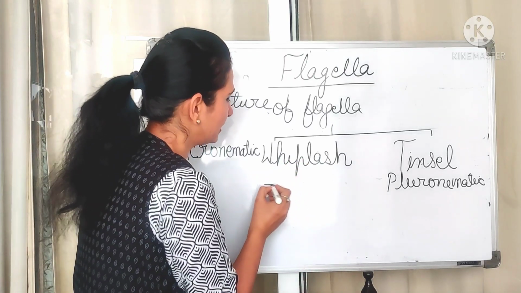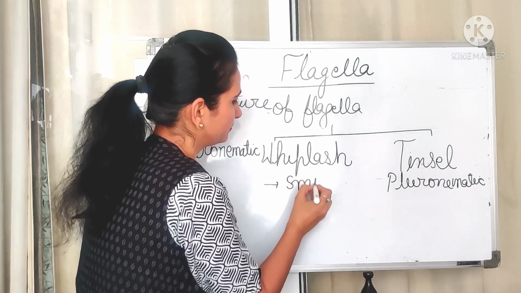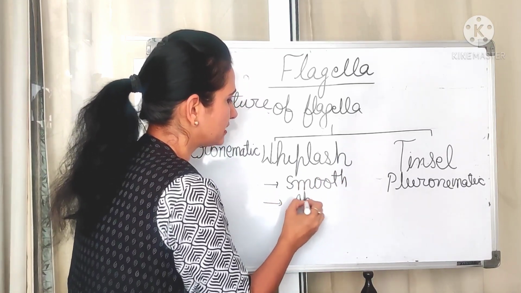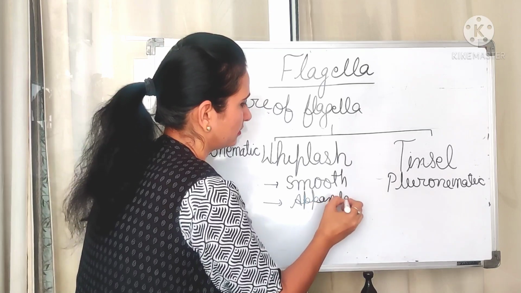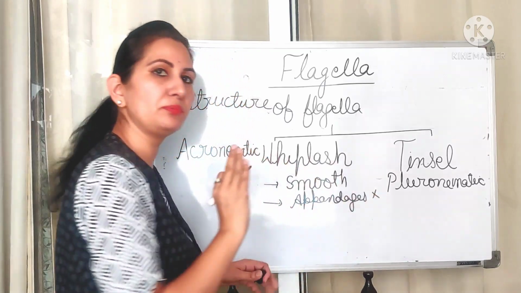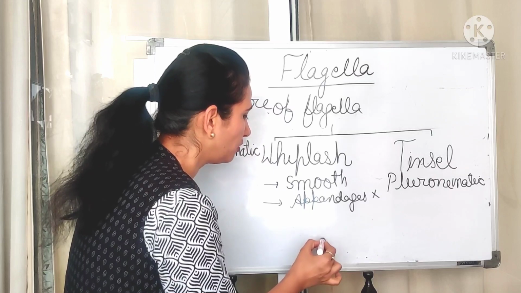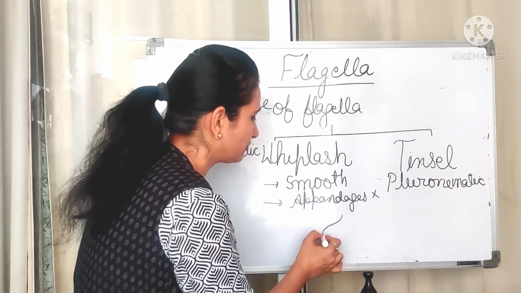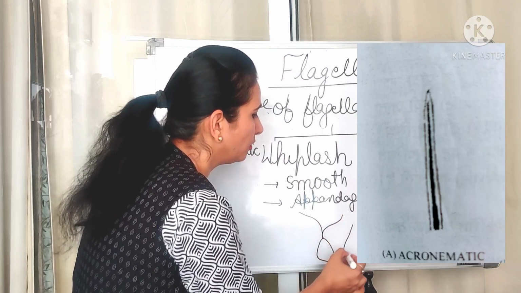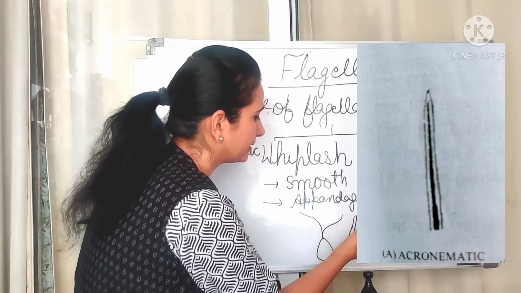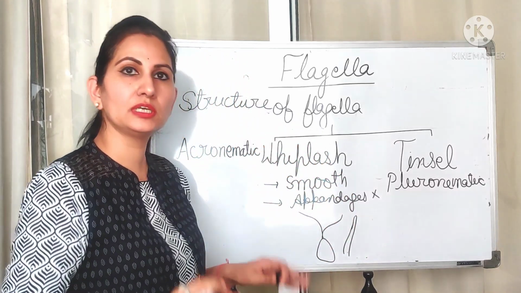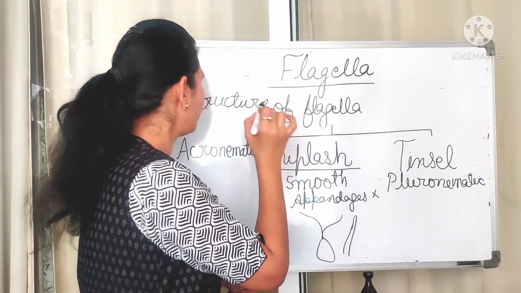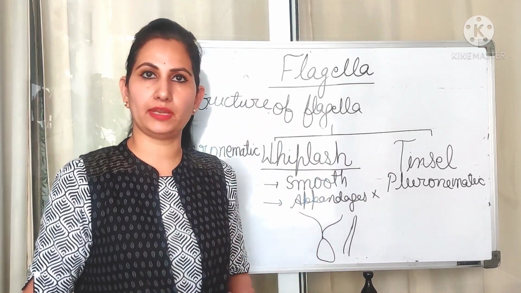Means the Whiplash flagella will be smooth and there will be no appendages on their surface. So say it's Chlamydomonas and it has these flagella and there are no appendages present on their external surface. They are very smooth, shiny. Such flagella are known as Whiplash flagella or acronematic flagella.